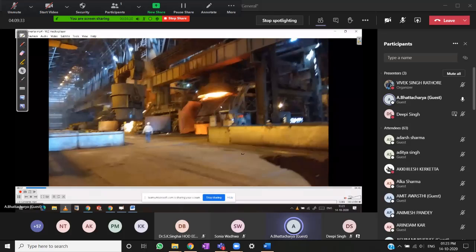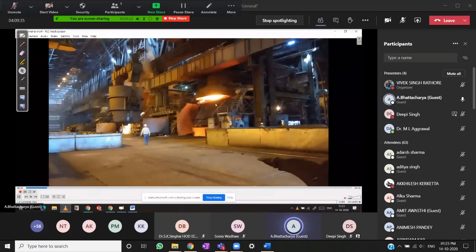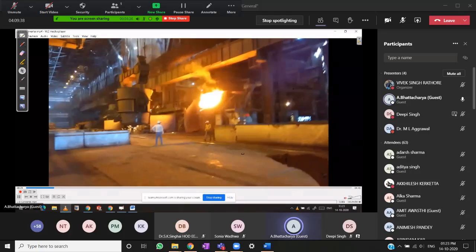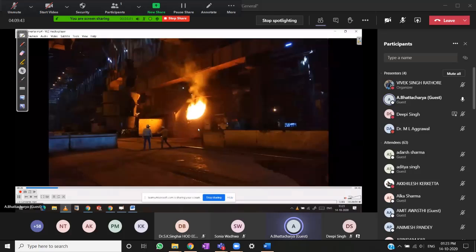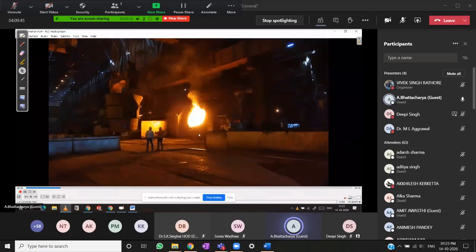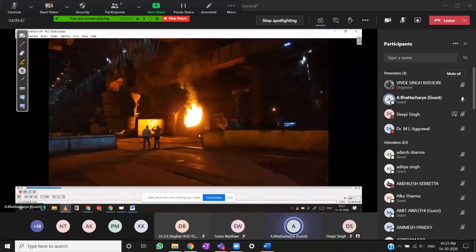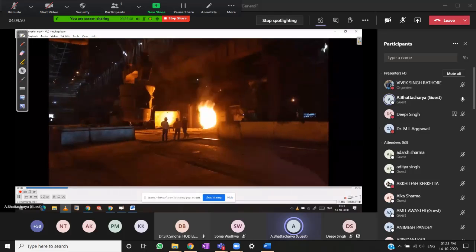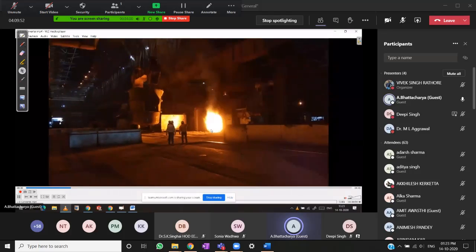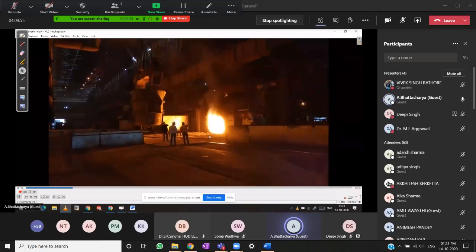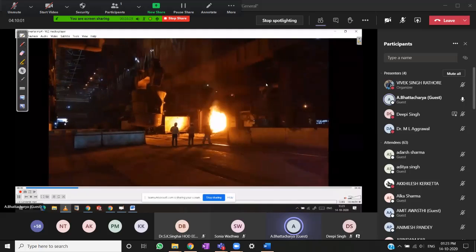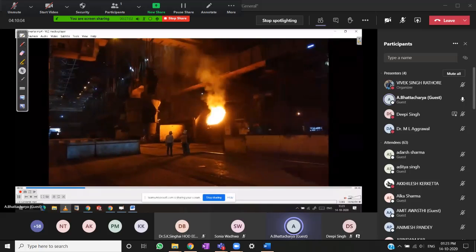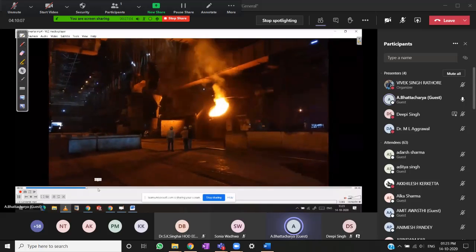The inside is full of steel, and it will be poured. Here the blowing is over. First the slag will be removed, then the steel will be removed. Now slag is coming out from here, and then it is tilted away to take out the steel. You can see, this is how the LD vessel is.